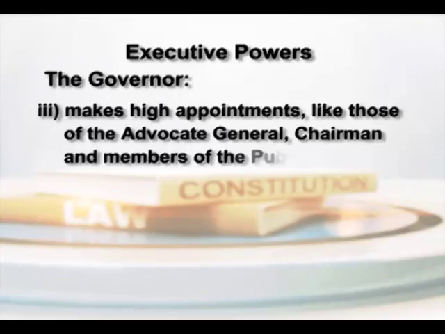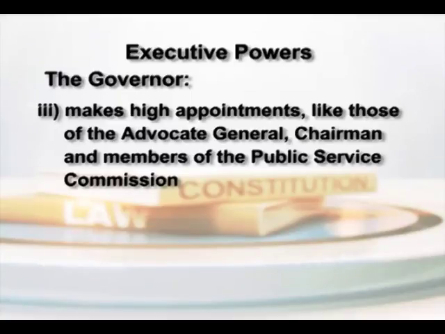Thirdly, the governor makes high appointments, like those of the Advocate General, and the Chairman and members of the Public Service Commission. Here it must be noted that though the ministers and the Advocate General hold office during the pleasure of the governor, the members of the State Public Service Commission cannot be removed by him.